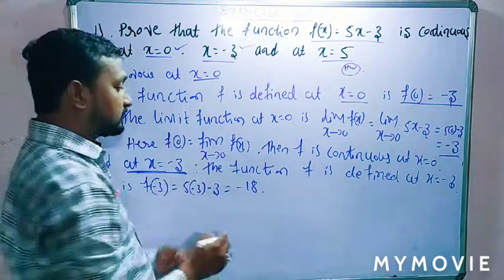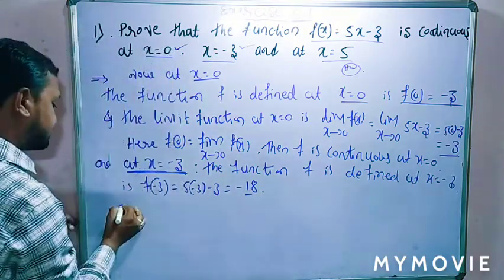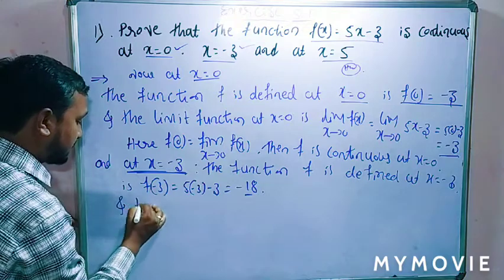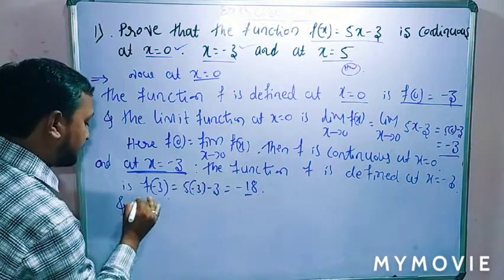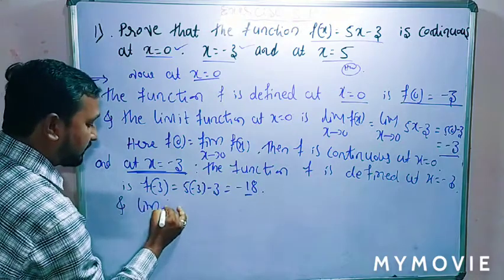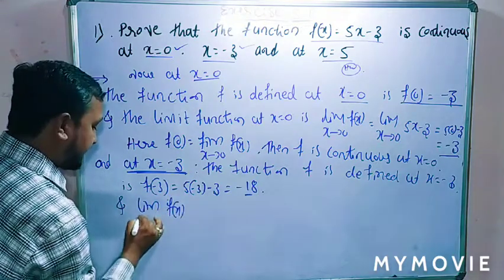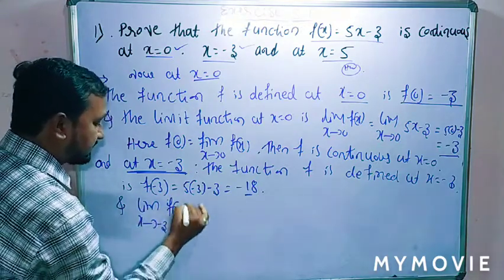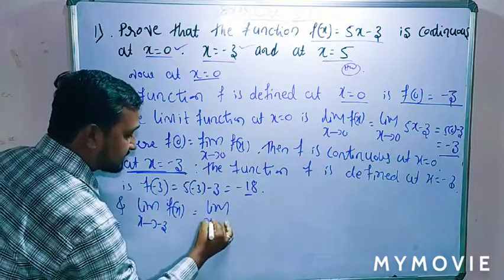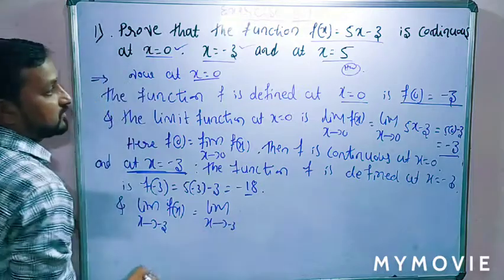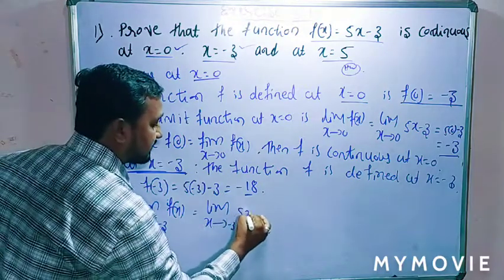So this is the constant function. And the limit function: the limit of f of x as x tends to minus 3 is the limit of 5x minus 3.